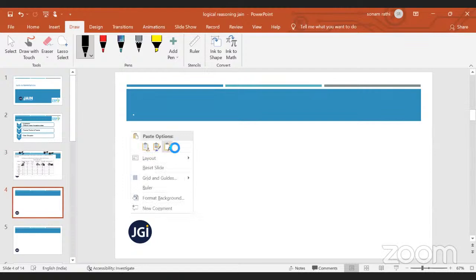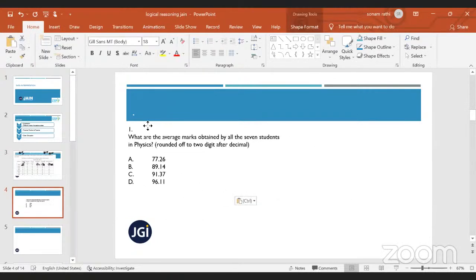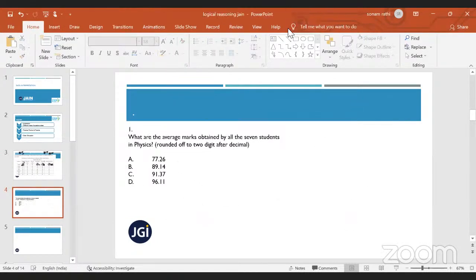Question number 1. What is the average marks obtained by 7 students in physics rounded off to 2 decimals? Okay, so you have to calculate for physics.